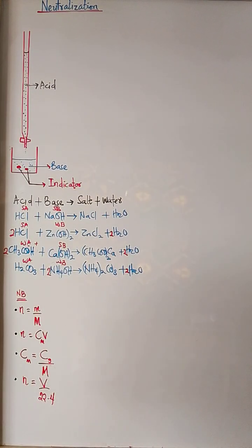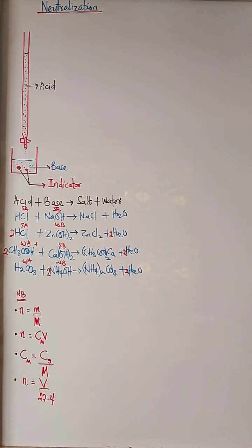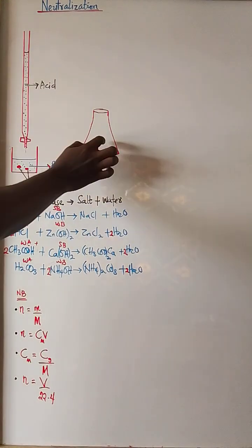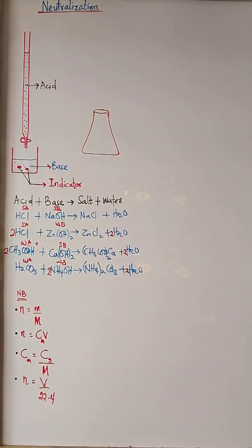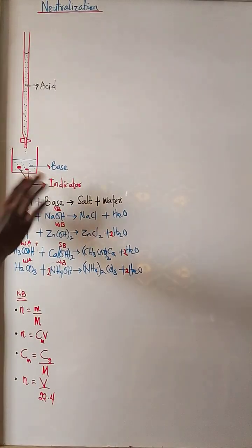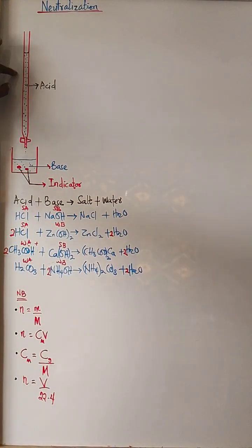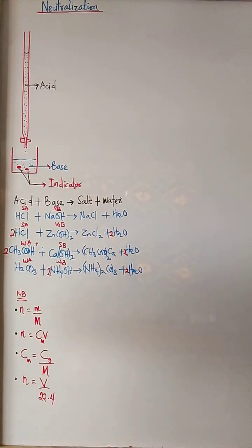What we do is pour a certain volume of base in a conical flask or in a beaker. Sometimes instead of having a beaker, you can have a conical flask. For these 2 red dots, neglect them for now. If we add acid to base, what happens? We know at the end of the day, there is going to be neutralization, and salt will be formed.